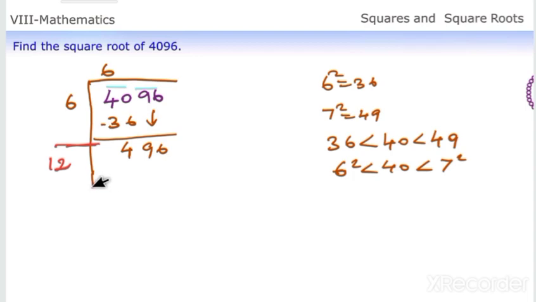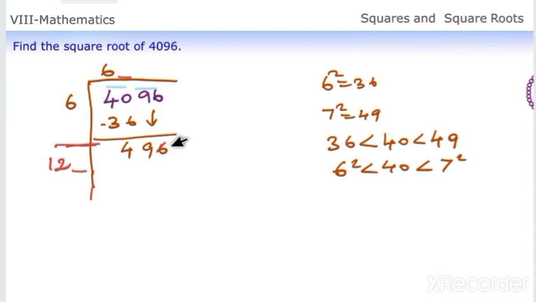Further, you have to guess a number and put it here as well as in the quotient part. That number multiplied with this should be nearest to 496. Now I will give one shortcut here. You see the 6 here.